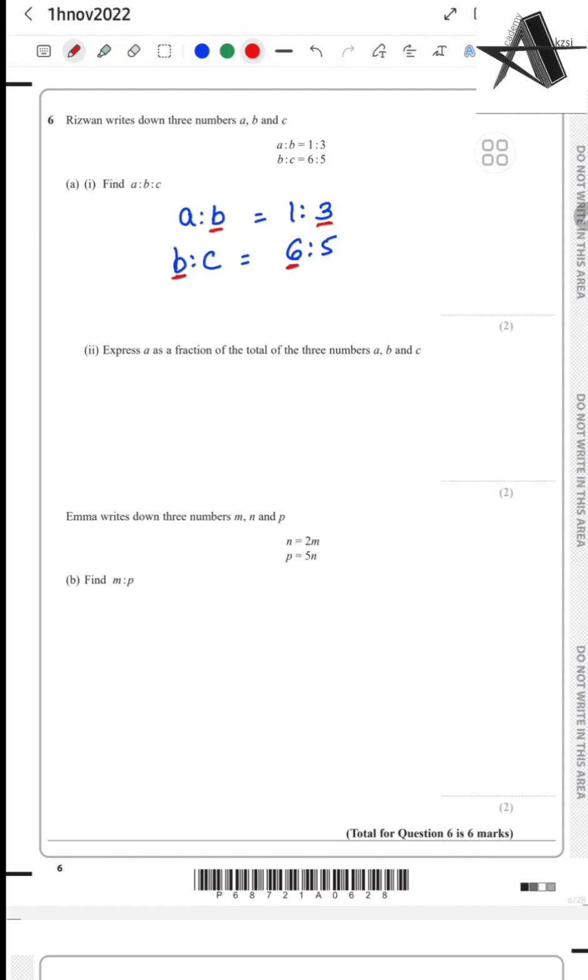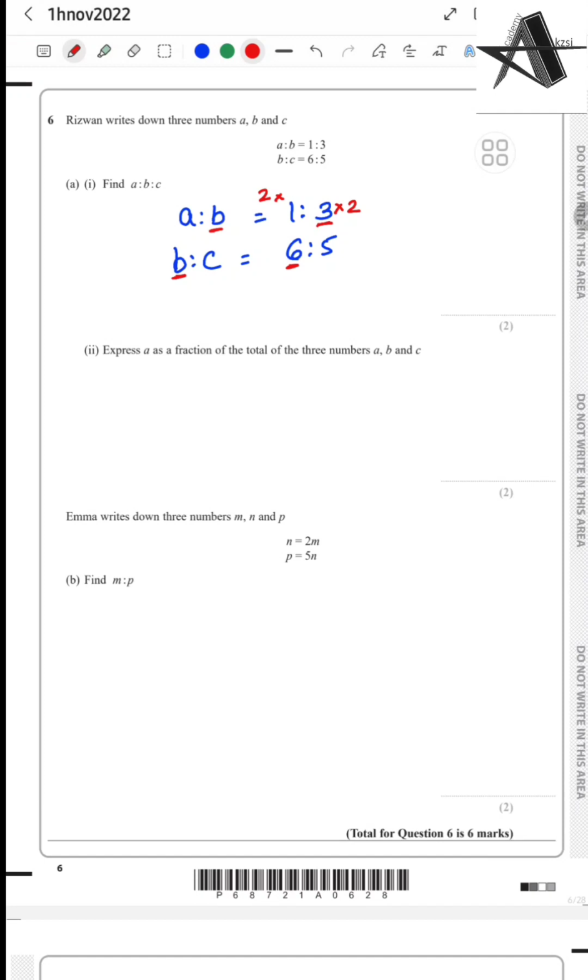That means I need to make this and this corresponding same. 3 and 6 can be made same by finding their LCM, and LCM of 3 and 6 is 6, which means I need to multiply it with 2. And if I'm multiplying it with 2, I need to do it here as well, because in mathematics whatever you are doing with the numerator, you have to do the same with the denominator. If you multiply something to the right hand side, you have to do it to the left hand side as well, because it will keep the balance.